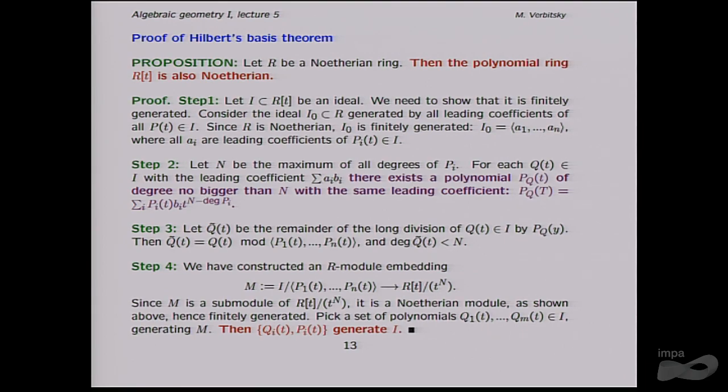Then if you have an element in I, you can take its quotient by P of t. So what you have is the principal ideal generated by P of t.